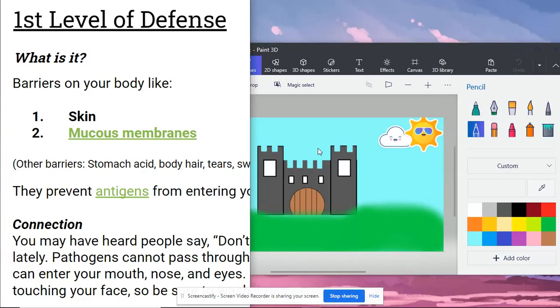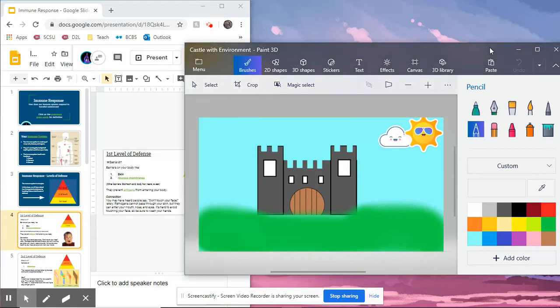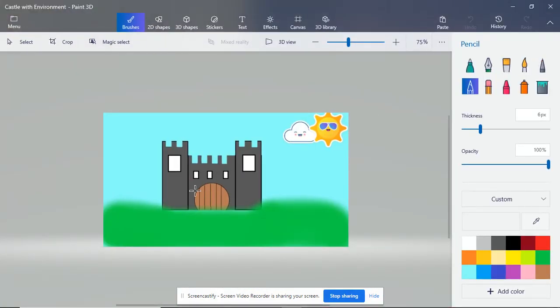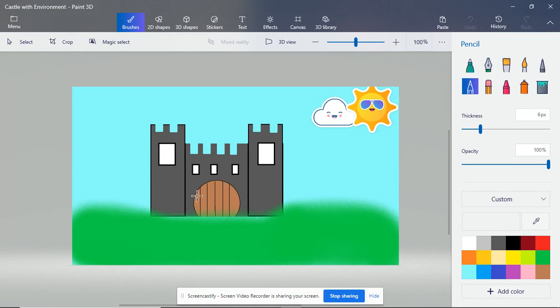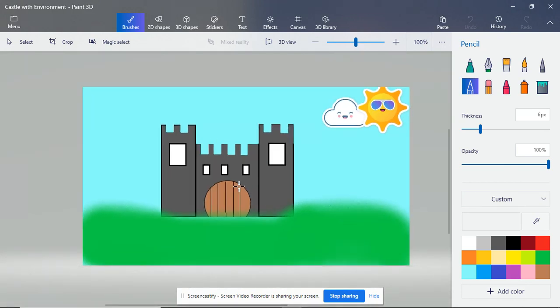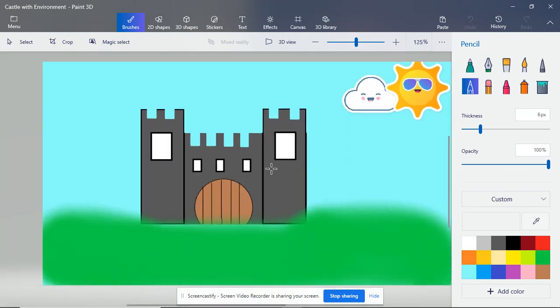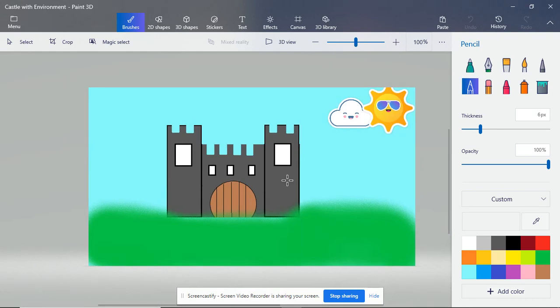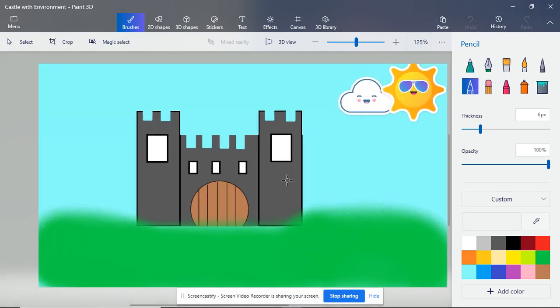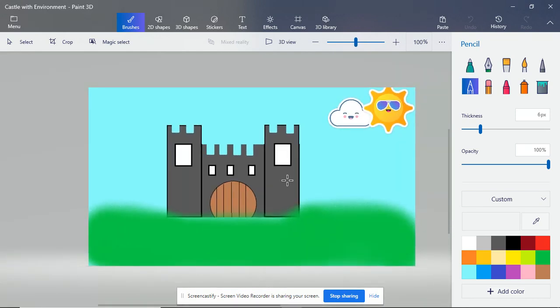Before we go into that, we are going to look at this really talented drawing I have of a castle. Why? We would like to think of this castle as your body. Your body has different levels of defenses, and so does this castle.